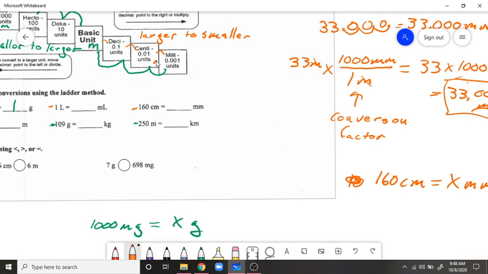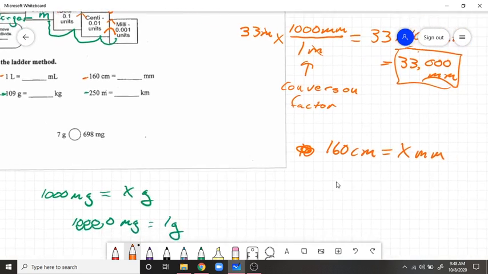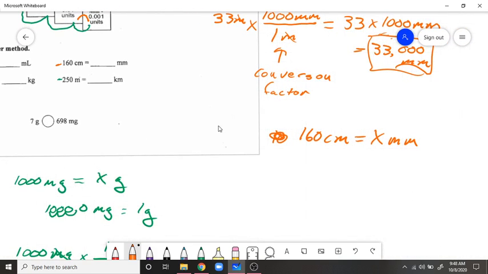We are only going one spot. Centimeters to millimeters. So if I have 160.0, I'm going to move the decimal point one spot. So now I have 1,600 millimeters.